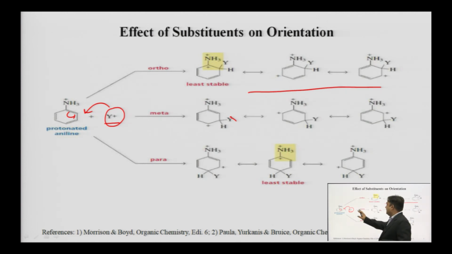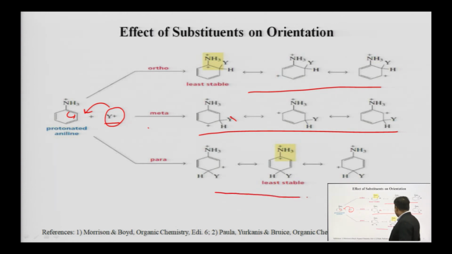Okay. When we go for the meta attack by the electrophile, we again see the production of a carbocation, and because of the resonance of the positive charge all along the benzene ring, there is a possibility of 3 resonating structures also.